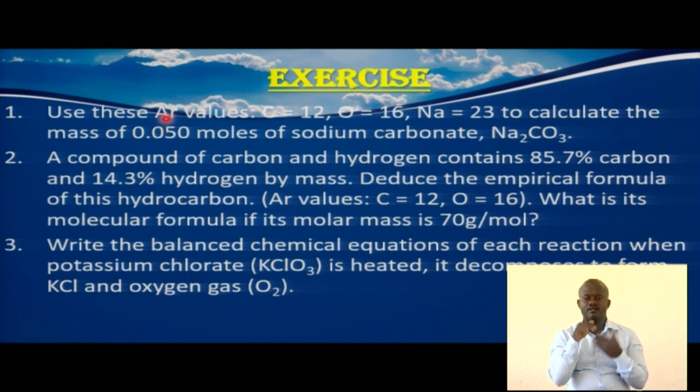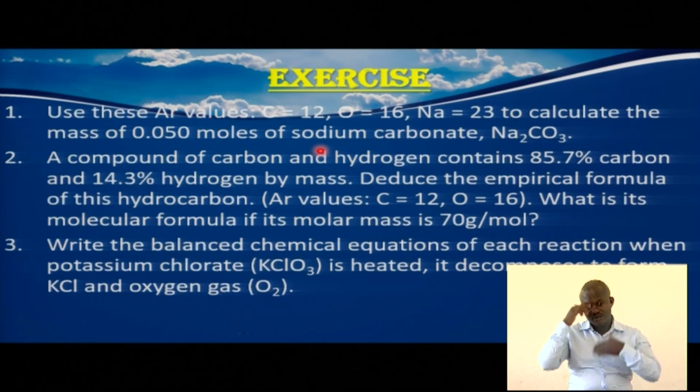Use these relative atomic mass values. We have carbon, which has 12, oxygen with 16, and sodium with 23, to calculate the mass of 0.050 moles of sodium carbonate. You are going to use those mass numbers, and you calculate the mass of that number of moles of sodium carbonate.